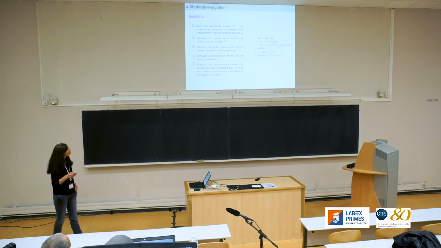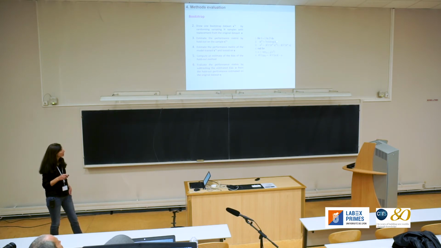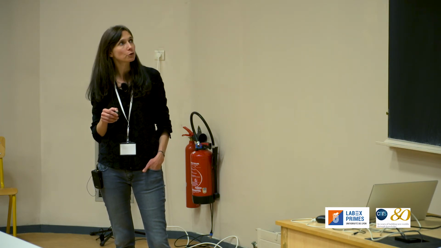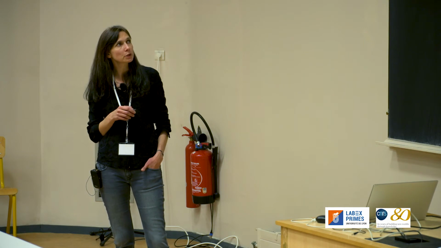Then once you have your XB, your bootstrap sample here, you will evaluate the performance of your system by learning on XB and testing on XB. The performance metric I use here is the area under the curve, but it can be anything you want.